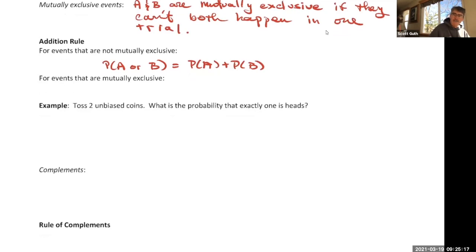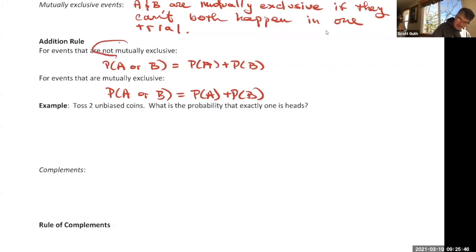When events are not mutually exclusive, it's more complicated. The probability of A or B is the probability of A plus the probability of B, but now, if these events, oh, did I get this mixed up? Not mutually exclusive. Okay, so I've got this mixed up.